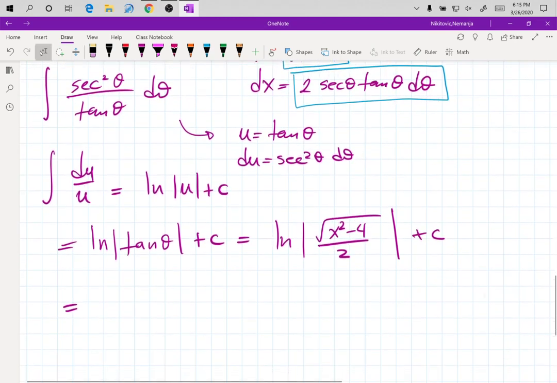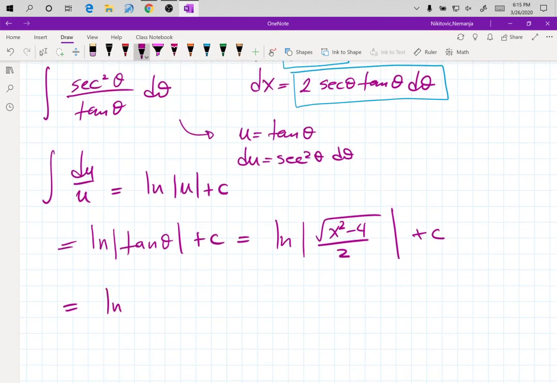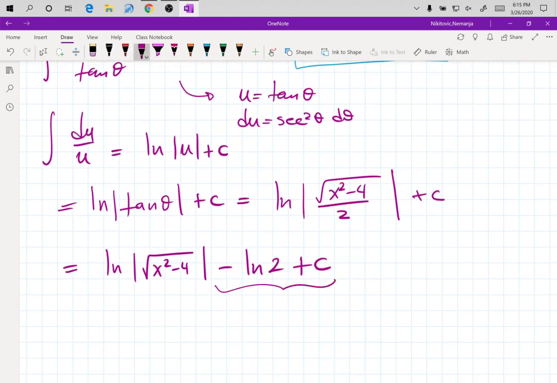Okay, so now we have ln of the absolute value of the square root of x squared minus 4, minus ln of 2, plus some constant c. This gets absorbed, makes a c.